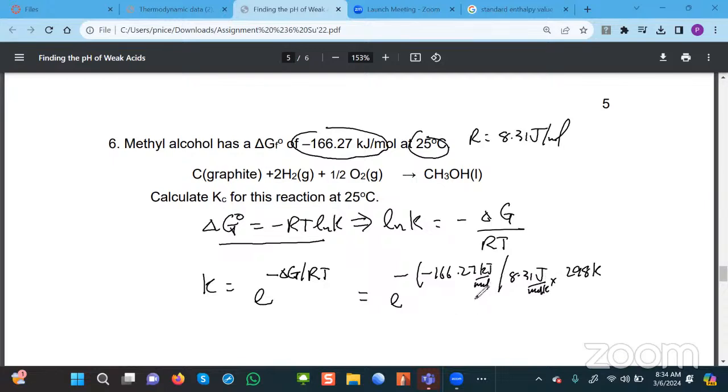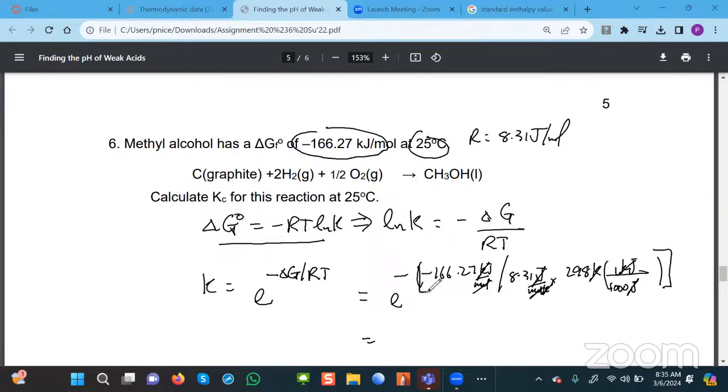Well, firstly, the moles will cancel out, the Kelvin will cancel out, but here we have kilojoules and here we have joules, right? So I'm going to add another conversion factor here where we convert from joules to kilojoules. We're going to put 1,000 joules down here, 1 kilojoule above, so that this joule unit will go with that joule unit, this kilojoule unit go with that kilojoule unit, and then we have to just simply work out the rest of it, all right?